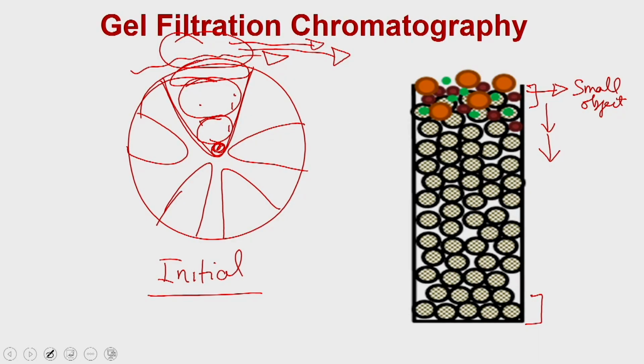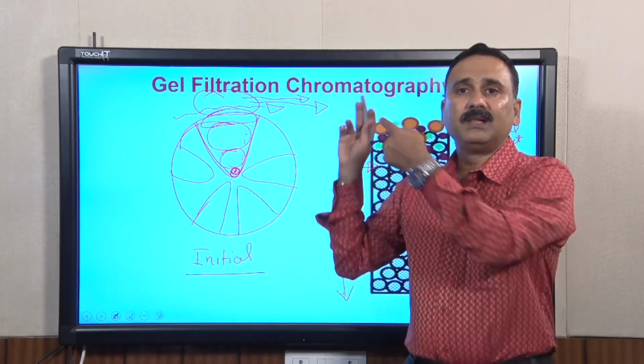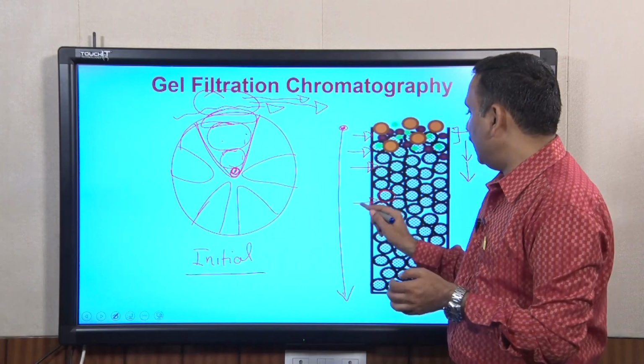So, that exchange occurs at every layer, and as a result throughout the column you are going to have molecules filled within these beads. You can imagine that the molecule which is filled in the first layer has to travel all the way from the first of the column to the last of the column, and that is why the smaller molecules are going to travel larger distances or larger volume, whereas the larger molecules, which are present within the beads very far away from the smaller object, are going to travel smaller distances.